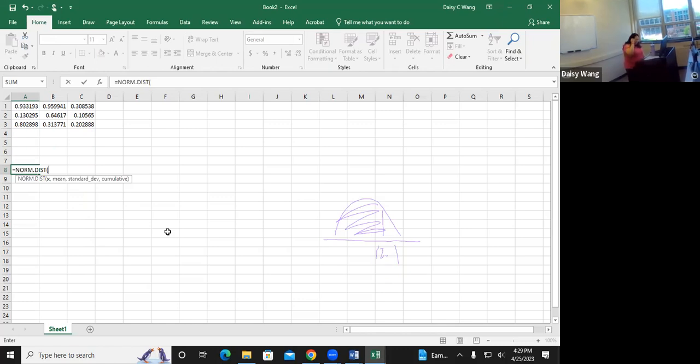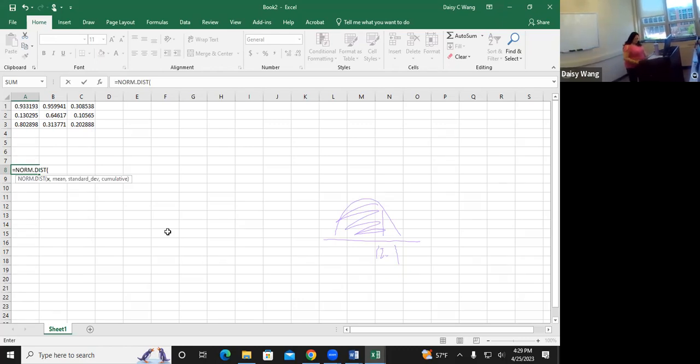So first one, the program claims the average weight people lose during the first 2 weeks is 5 pounds. Assuming weight loss follows a normal distribution with standard deviation of 3, what's the probability that someone loses less than 7 pounds after 2 weeks? So 7 pounds and under, okay?